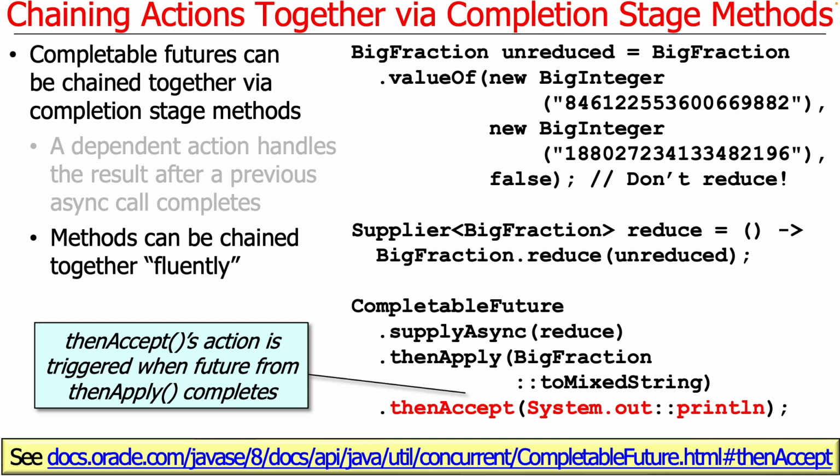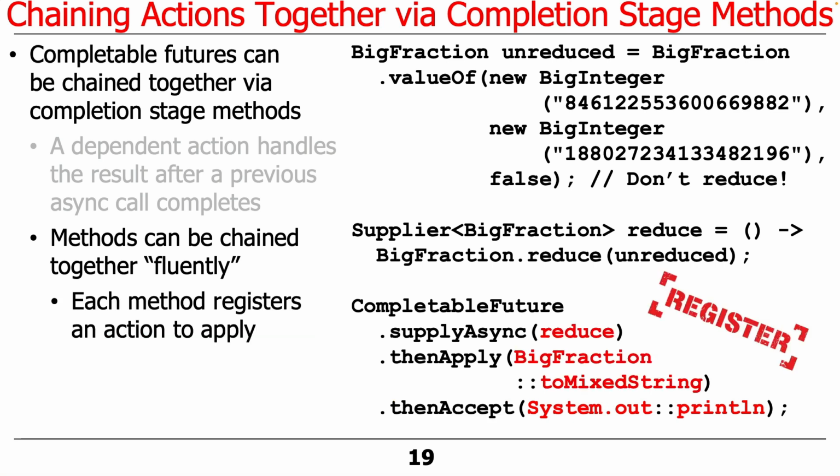That's another completion stage method. In this case, we're going to pass in a method reference to the System.out.println method, which will then, of course, print the result. That result will be printed in a background thread, not the calling thread, not the thread that invoked supplyAsync initially.